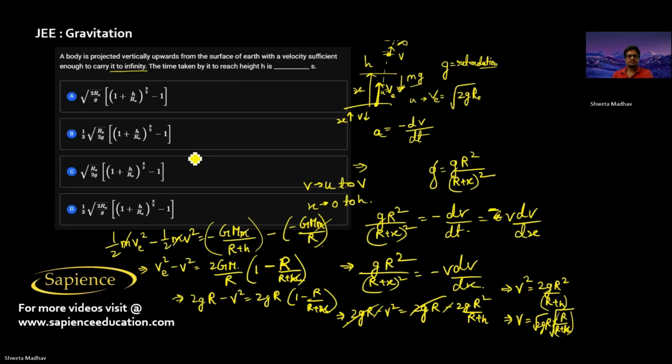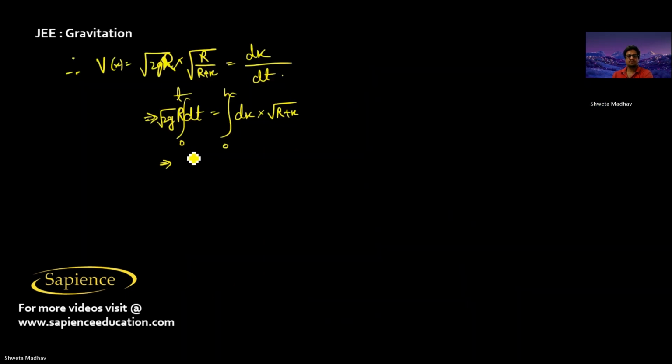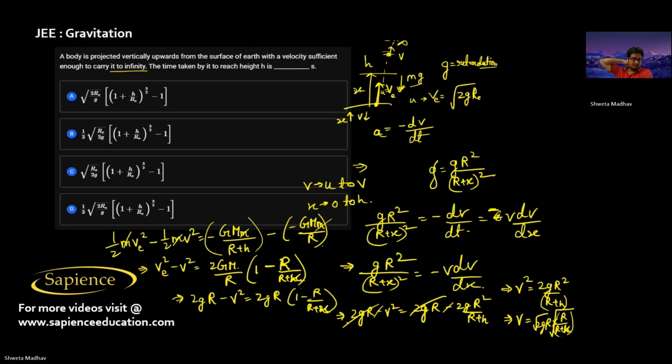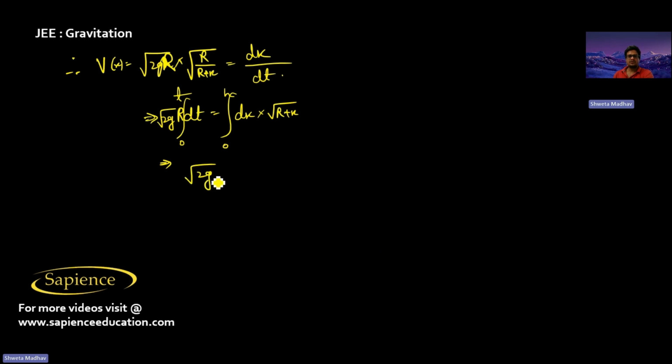So now, if your velocity is coming as a function of x, since here if you put r plus x, then also we will get the velocity as a function of x. So now here I can say root 2 g into r into t, that is equal to integral dx root of r plus x.